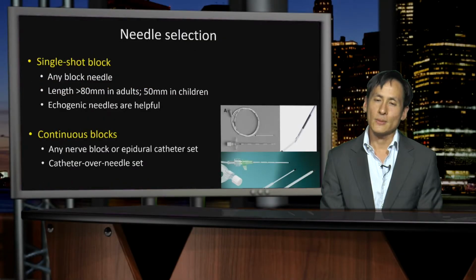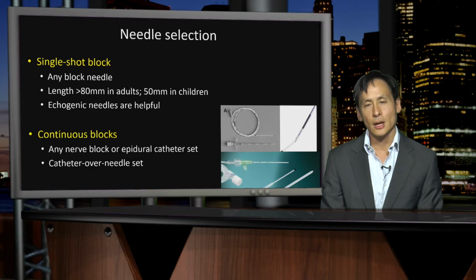The one caveat being that you should be aware that some of these may dislodge over time if you don't have enough of the catheter sitting in the ESP plane. So just be mindful of the design of the catheter. Ideally, you want to have at least a couple of centimeters of the catheter sitting in the plane, because there can be expansion and contraction of the overlying erector spinae muscle, which can draw your catheter out of that plane.